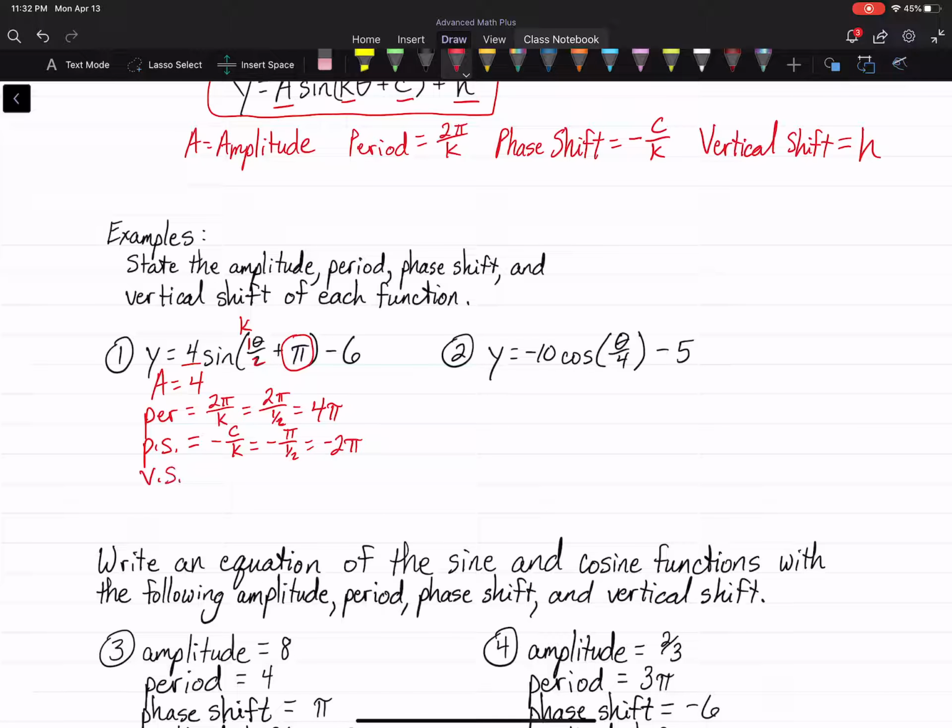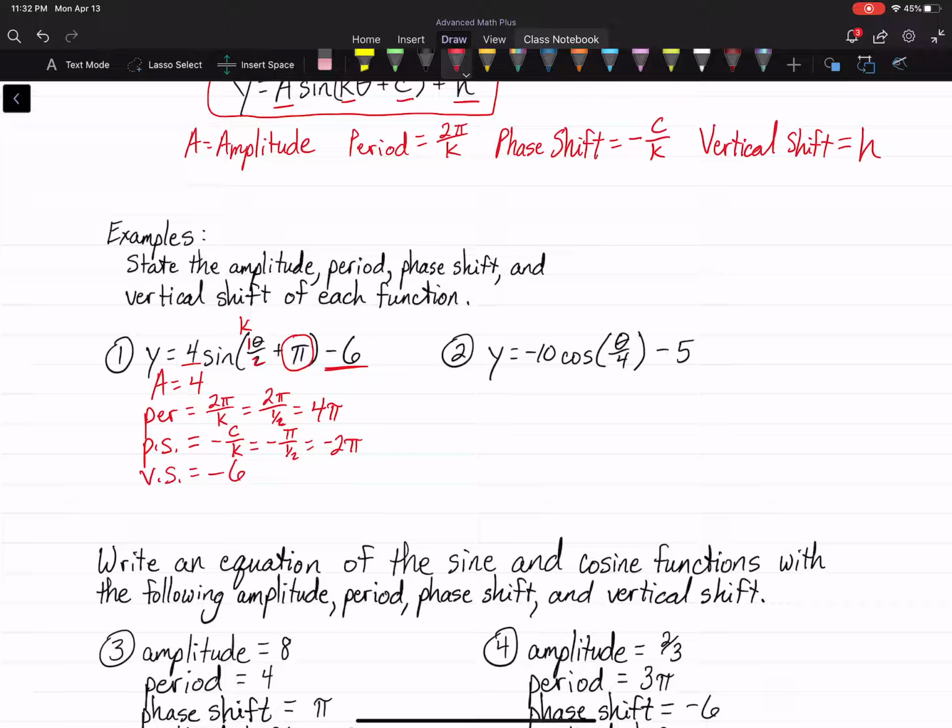And finally, your vertical shift is whatever this number all by itself is. So it's negative 6, and as you might have guessed, negative means it went down. So those are your four parts of your function: the amplitude, period, phase shift, vertical shift. I'll do one more example for you.